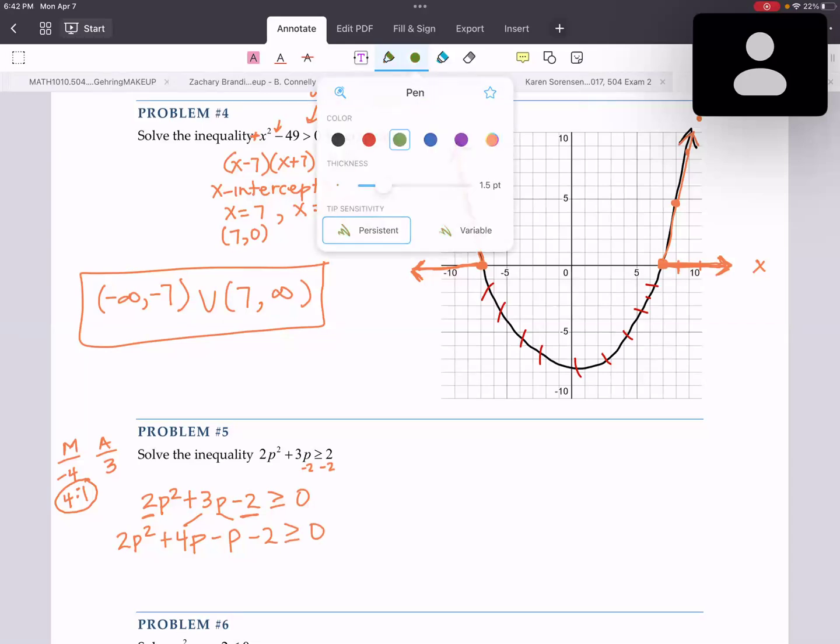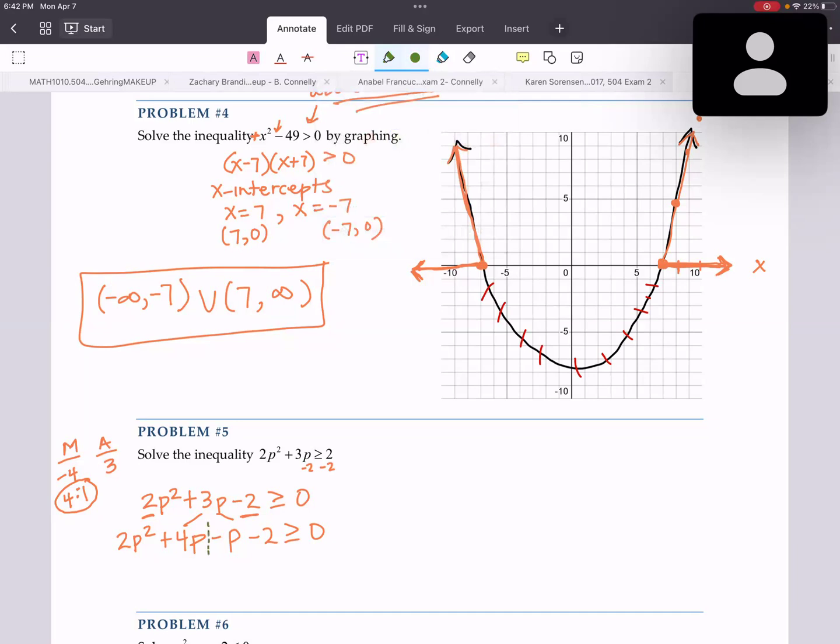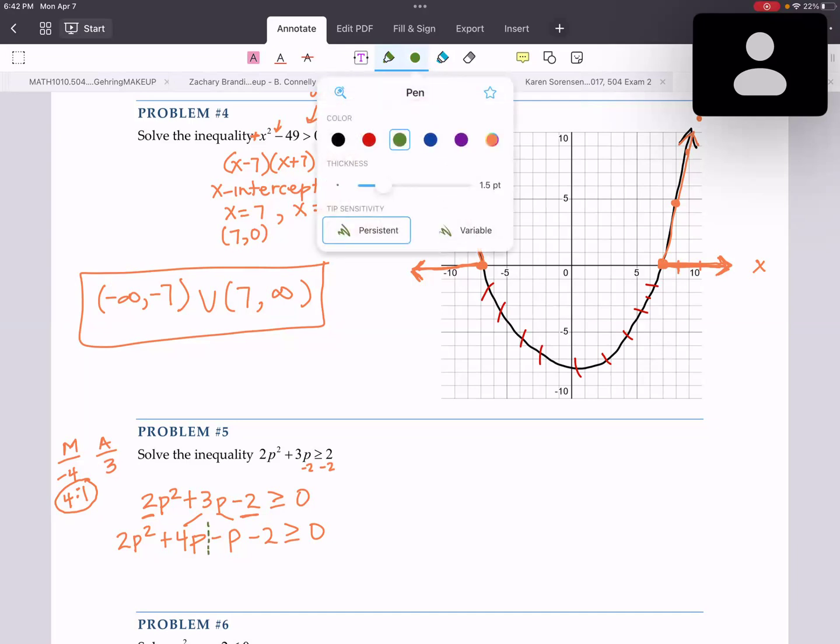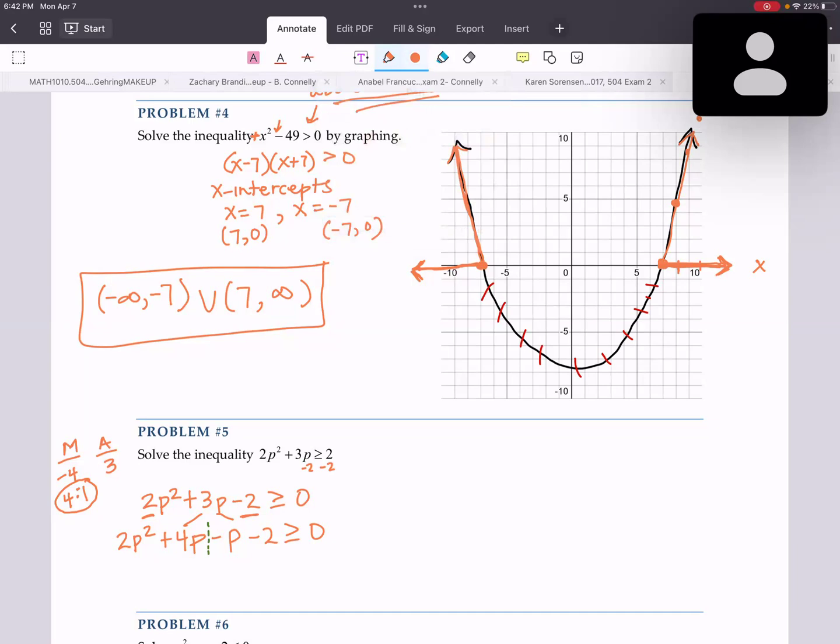Let's split this in half and do factor by grouping. So we get 2p can come out, leaving p plus 2. And on the right side, let's factor a -1 out, leaving p plus 2. All right, so we've got p plus 2 in one parenthesis and 2p minus 1 in the other parenthesis.